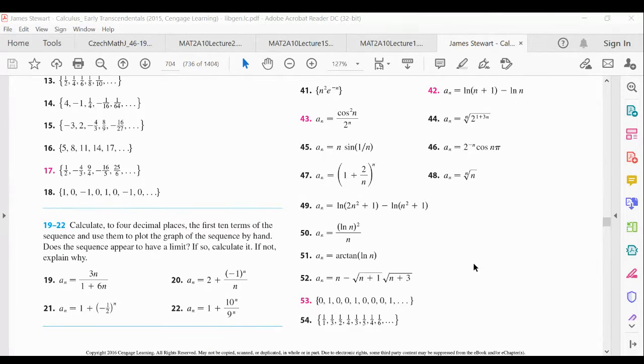Now you'll remember in 1A and 1B, we said to you that calculators are not allowed, right? And this is in general the case for all maths modules. I haven't said so explicitly yet, but I'm starting to sing that song now, because I don't want you to spend too much time calculating answers like in 19 to 22. It says calculate to 4 decimal places the first 10 terms of the sequence, okay?